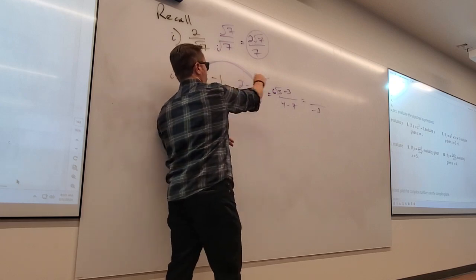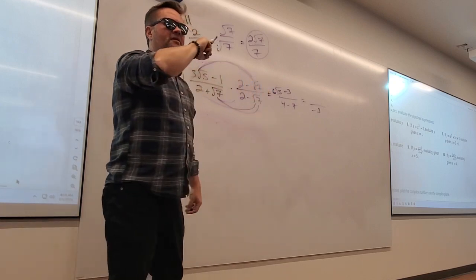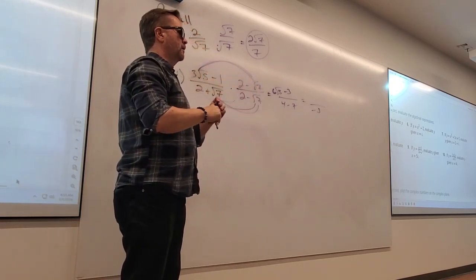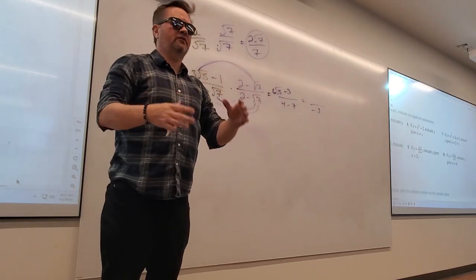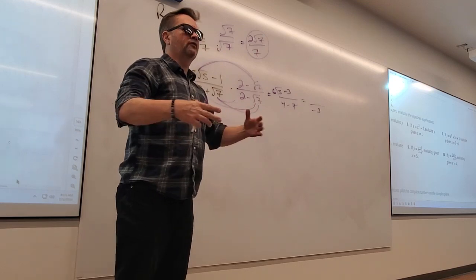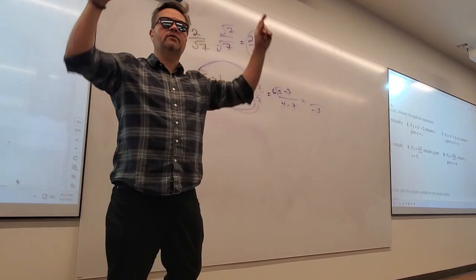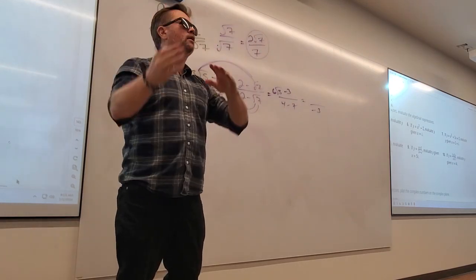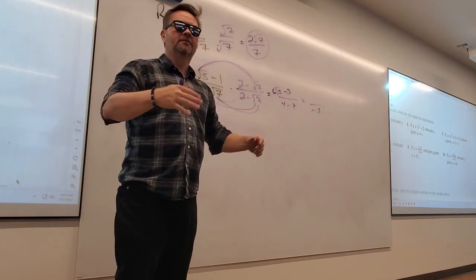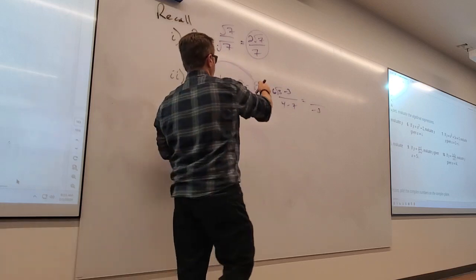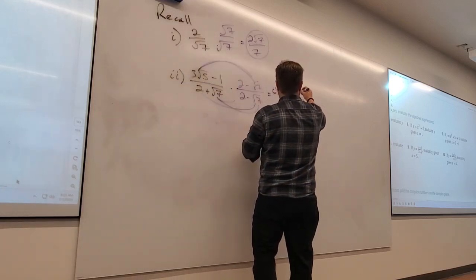What's rad 5 times rad 7? Rad 35. What's a whole 5 times a whole 7? 35. What's half of a 5 times half of a 7? Half of a 35. That's why the root has to be the same to be able to multiply them, because it tells you how much of that number you have. So I have a half of 5 and a half of 7, which makes a half of 35.